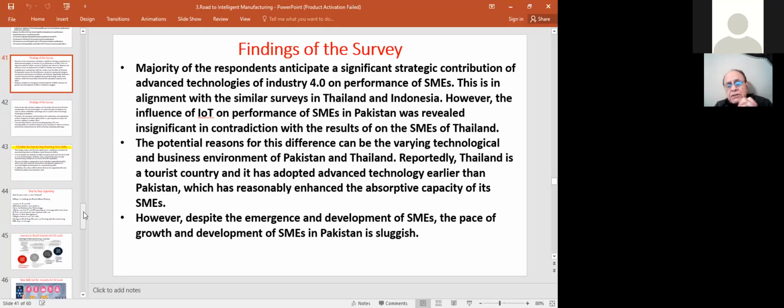Using IoT means putting in sensors, connectivity and data control, use of big data, and use of the analytics that are available today. They can improve their performance to a large extent.